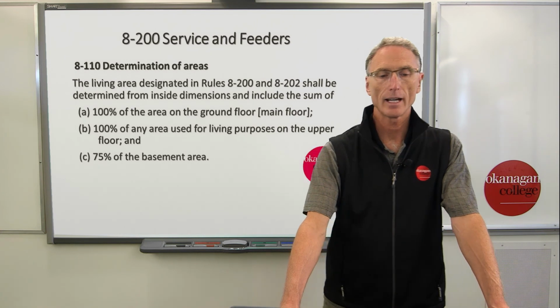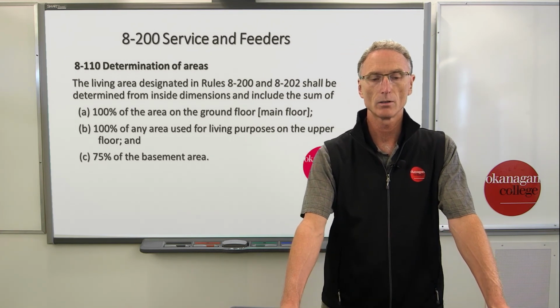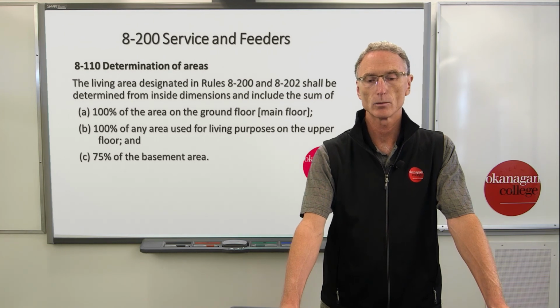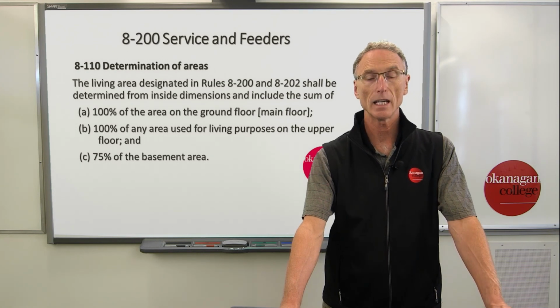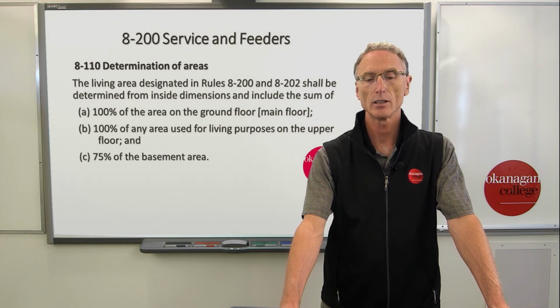The living area as pertaining to 8110, the living area designated in rules 8200 and 8202 shall determine the inside dimensions and include the sum of A, 100% of the area on the ground floor, that would be the main floor of the dwelling, and subrule B tells us 100% of any area used for living purposes on an upper floor.